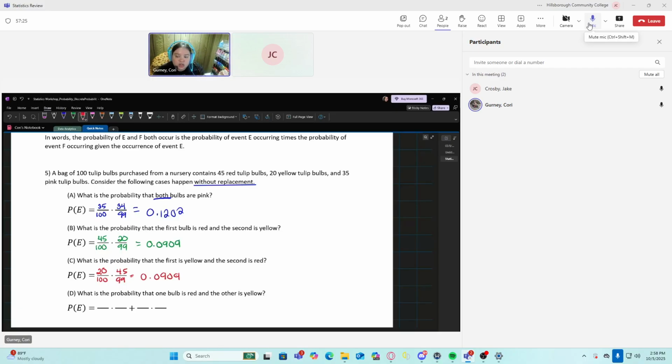If we were to do addition, order would matter, right? Because 45 over 100 plus 20 over 99 is not the same if you do it backwards. Well, actually, no. It would be the same because you're still adding similar fractions.